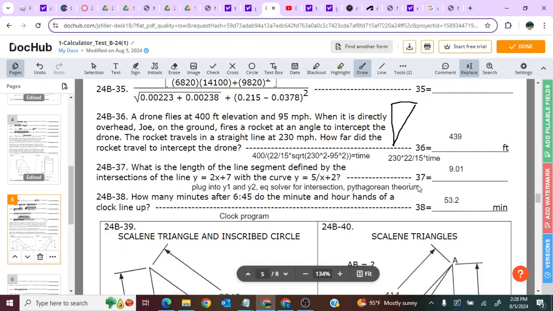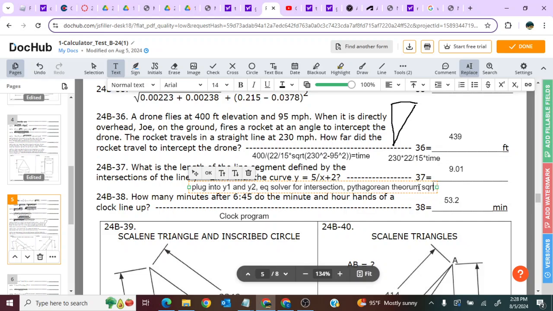So I probably should have written this down here. I'll write it right now: square root of y2 minus y1 squared plus x2 minus x1 squared. You may have learned that in algebra. And if you do that, you get a value of 9.01.